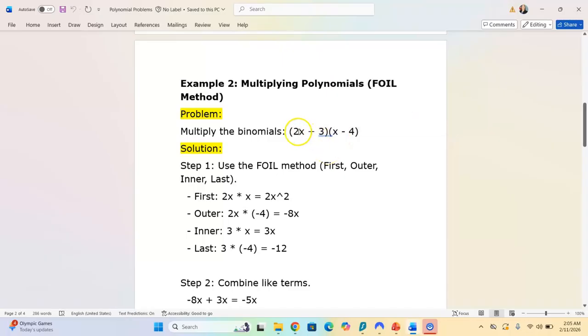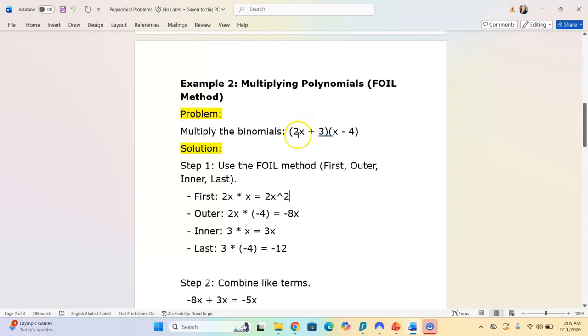But the first thing we're going to do is take 2x, multiply it times x, which means you have 2 x's, right? X times x. And we know when something is multiplied times itself, we use an exponent. So now you have 2x to the second power. Remember, this is just your little tiny 2 that goes right there above the x. So the first thing you're going to do is have 2x to the second power.